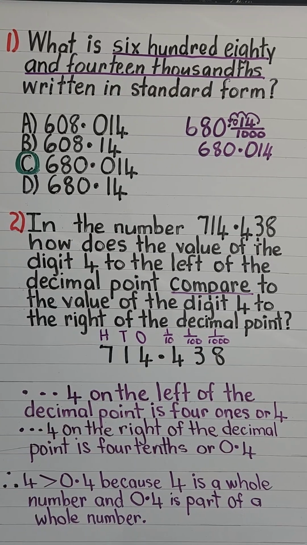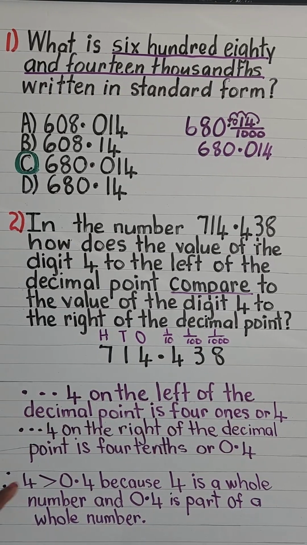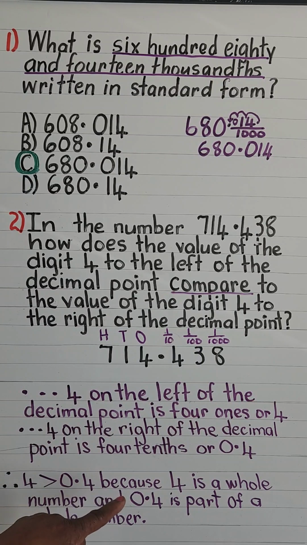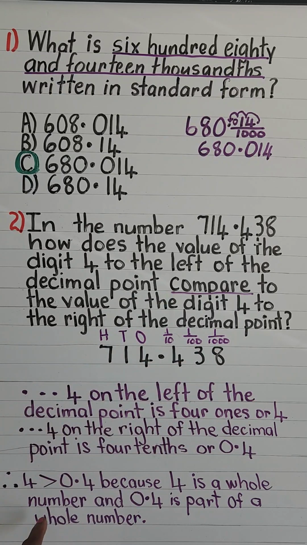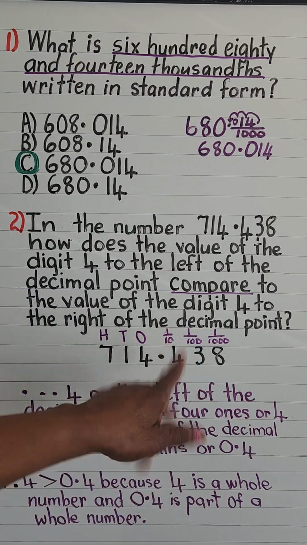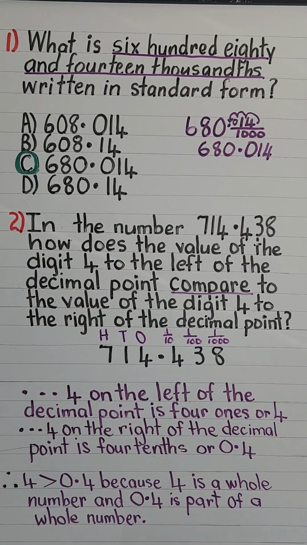So once again, let's sum it up. Therefore, 4 is greater than 0.4 because 4 is a whole number, 4 ones, and 0.4 is part of a whole number. A decimal is a part of a whole. And there you have it.